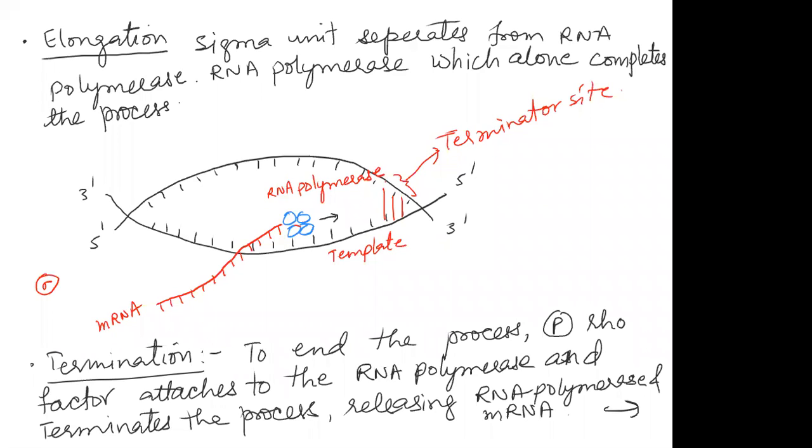Okay, let us see the termination diagram. So this is a coding strand and this is the template. And suppose the end portion is the terminator region, ये वाला. तो जैसे this region is reached, हमारा RNA polymerase will be releasing the mRNA.